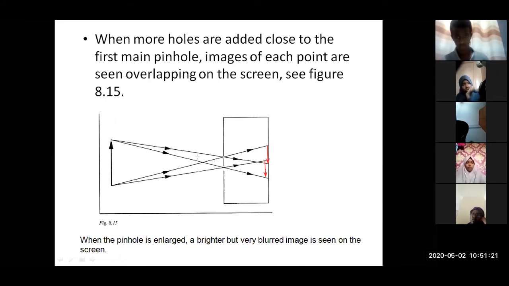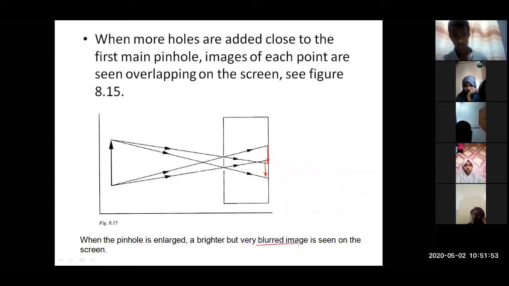So many pinholes will allow in light. So each pinhole will form its own image. And because there are so many pinholes, they will form overlapping images. And those overlapping images will form one image which will be enlarged and it will be blurred. I want you to see this terminology here, blurry.